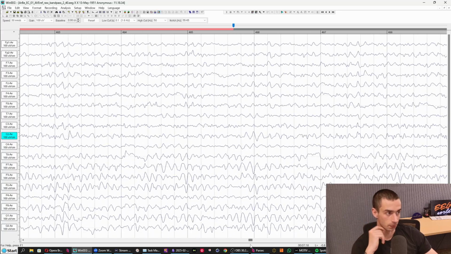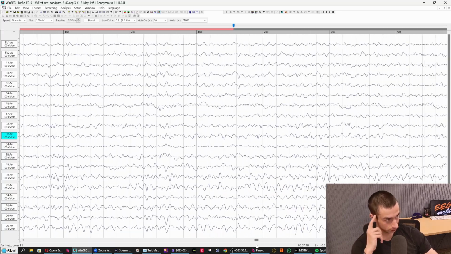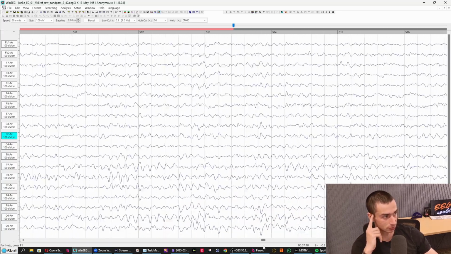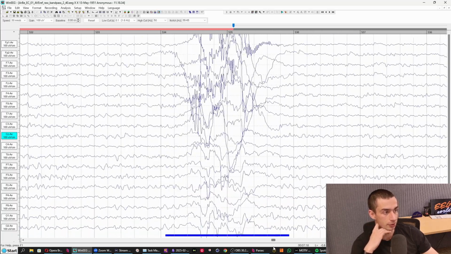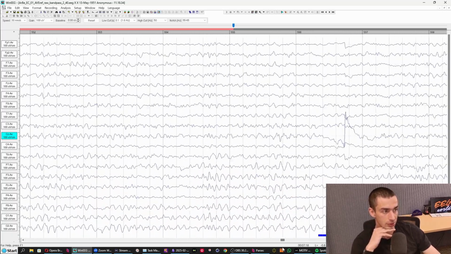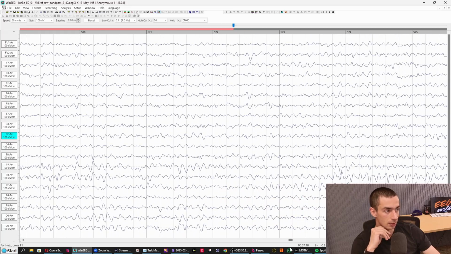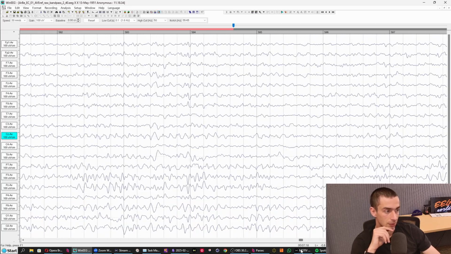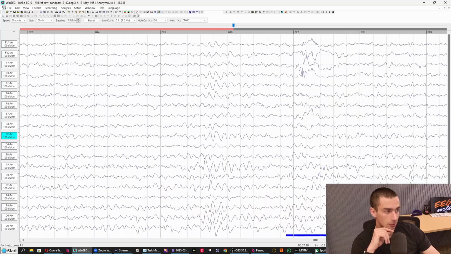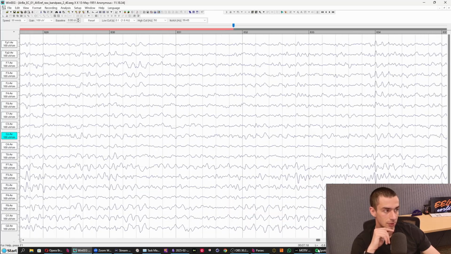In the eyes open, our main finding was in the left temporal region, left mid-temporal, and in the left superior parietal region. Here we're seeing a little bit more of the state instability and now also something that could be originating in the right insula.